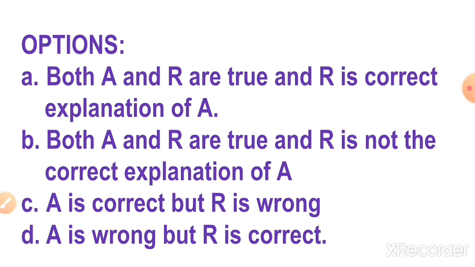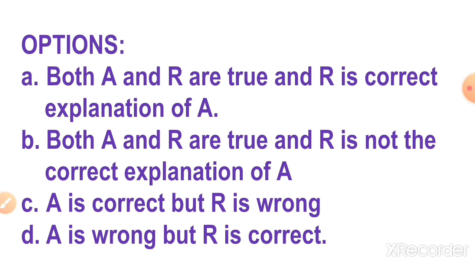Option A, what is it? Both A and R are true. And when you're attempting this question, you have to see the relation between A and R. You have to explain that also.